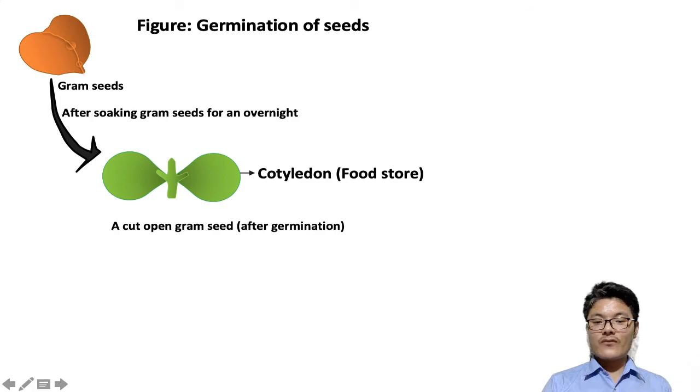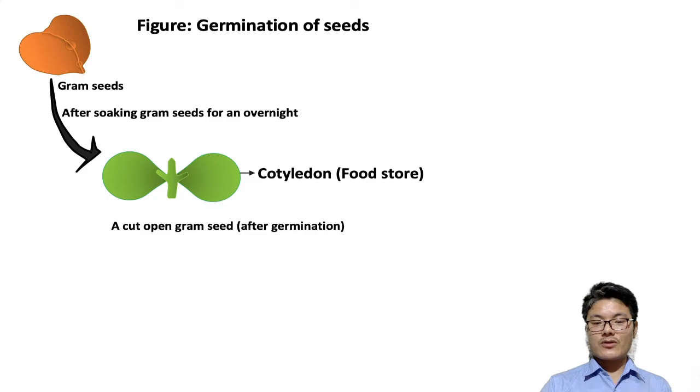Cotyledons are food for the developing embryo. So the food source for the seed is the cotyledon, and usually cotyledons are indirectly the endosperm. So endosperm will be developing into cotyledon.